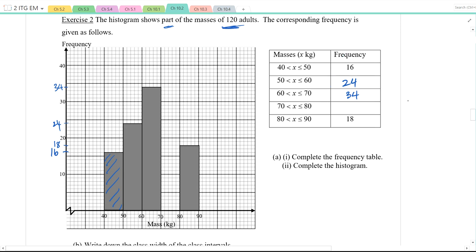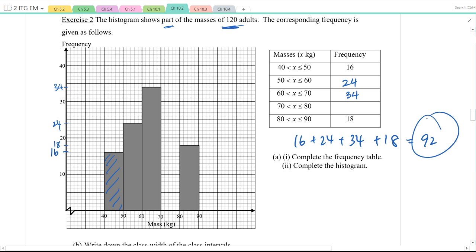Let's count. 16 plus 24 plus 34 plus 18. That gives us 92 people. Remember that this histogram is supposed to have the masses of 120 adults. So currently we only have 92.